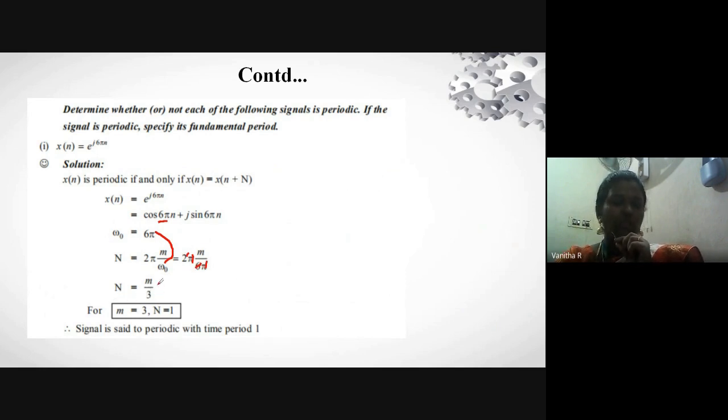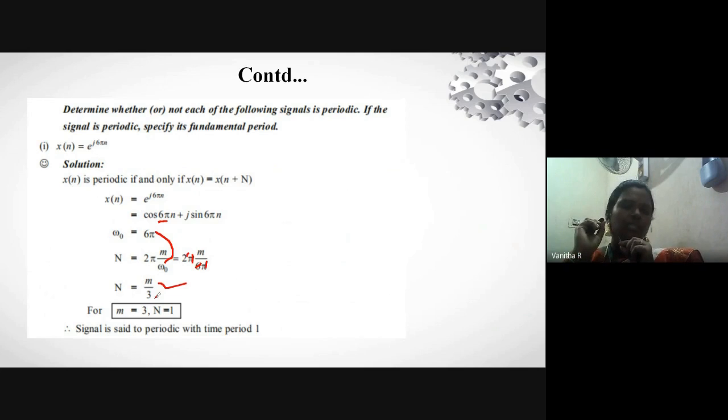So, listen students, now we are in a position to find the smallest integer value, which is m. The smallest value must be chosen for this m value. Thereby, your n must become an integer. So what can be substituted? 3 can be substituted. If I substitute 3 in the place of m, 3 and 3 cancel with each other, thereby n equal to 1.